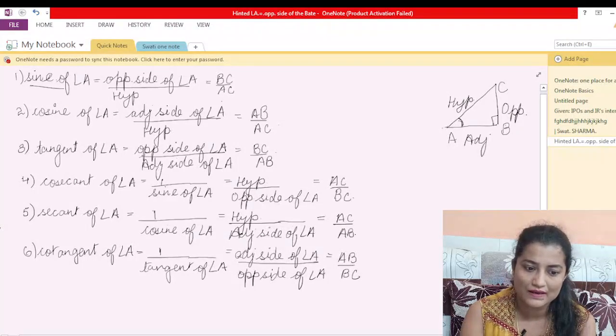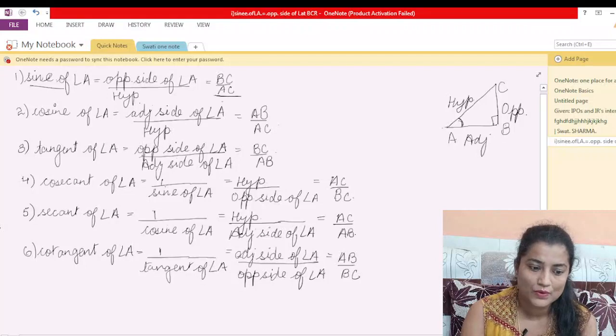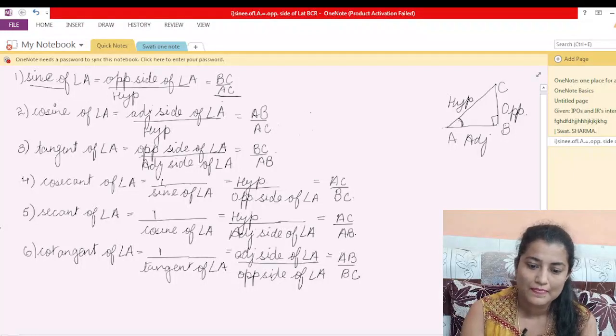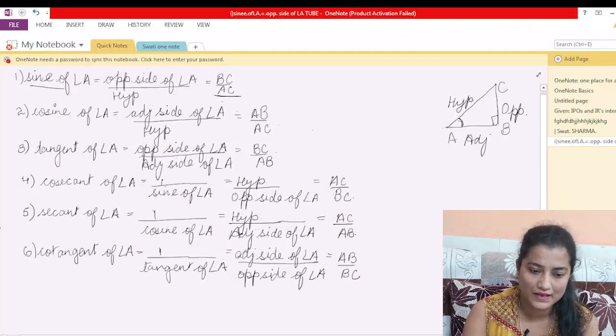So sine of angle A will be BC upon AC. Now next identity is cosine of angle A. Now with respect to angle A, come to the figure, we have adjacent side of acute angle A is AB and hypotenuse is AC. So cosine of angle A will be AB upon AC.